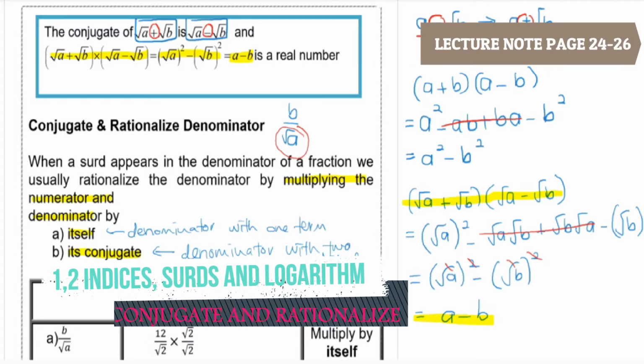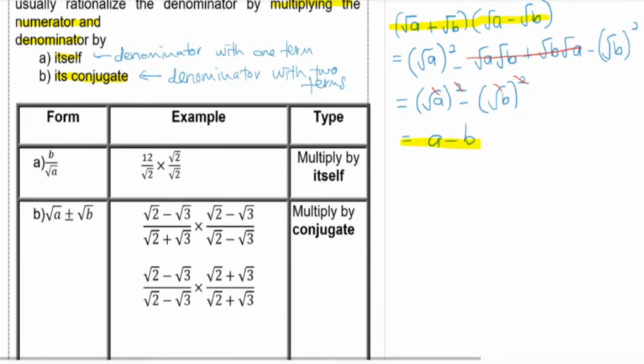Now, let's look at the examples below. The first one we have is in the form of B over √A. As we can see here, we have 12 over √2. We only have one term, a root, in the denominator.